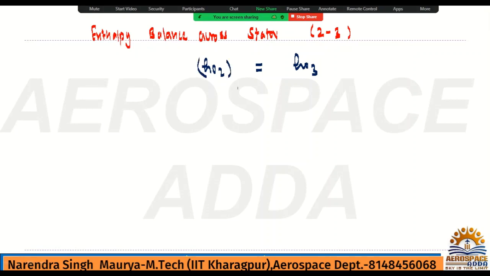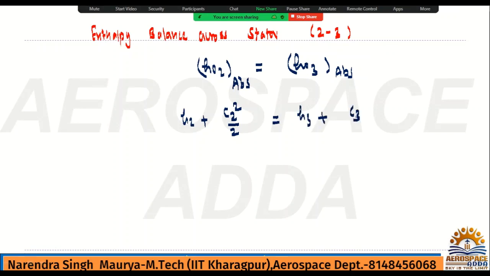This is the absolute enthalpy. Because in the last class I gave one table and told you the stator will recognize absolute velocity, not relative velocity. So H02, what will it be? H2 plus the absolute velocity, C2 square by 2, is equal to H3 plus C3 square by 2.